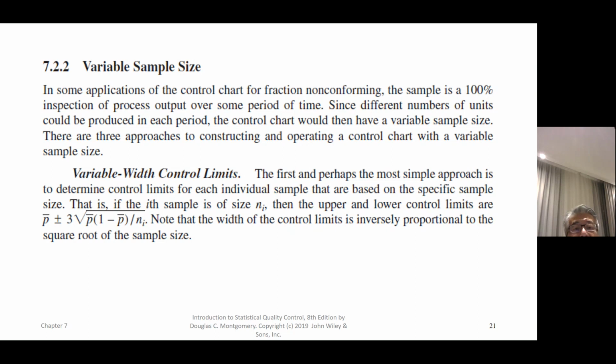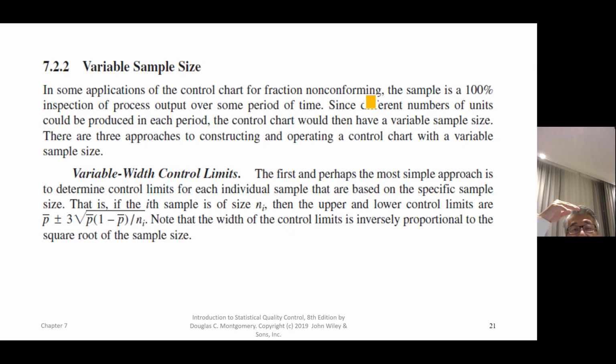That is to say, if the i-th sample is of size n_i, then the upper and lower control limits become p bar plus and minus 3 times the standard deviation, divided by the square root of n_i. n_i changes from sample to sample, so the standard deviation will go up and down due to the time-varying sample sizes. Note that the width of the control limits is inversely proportional to the square root of the sample size. With a larger sample size, you get a smaller standard error or standard deviation.